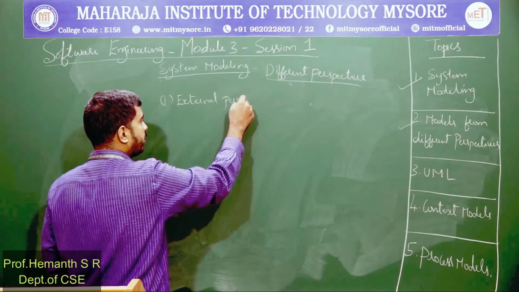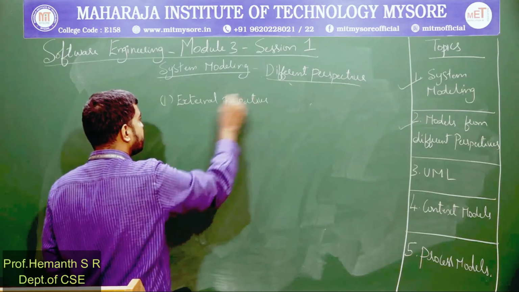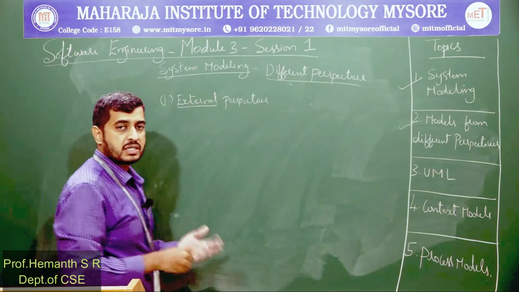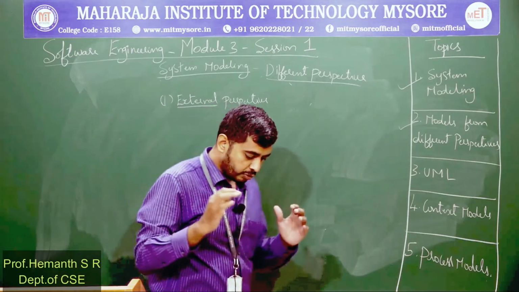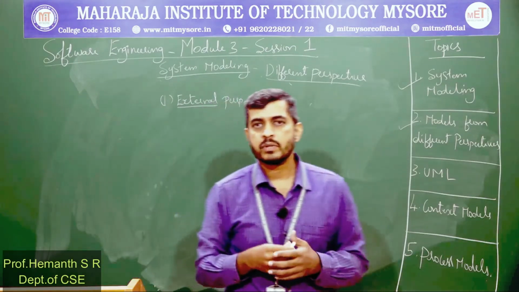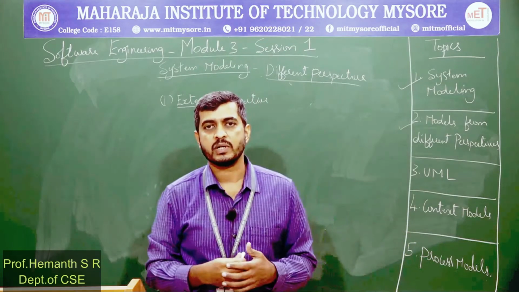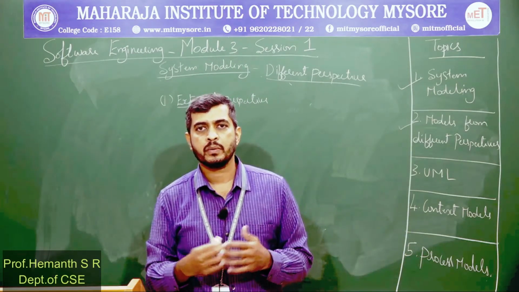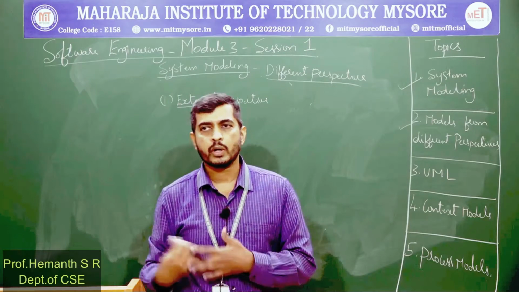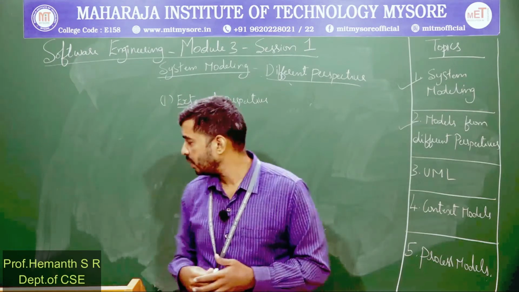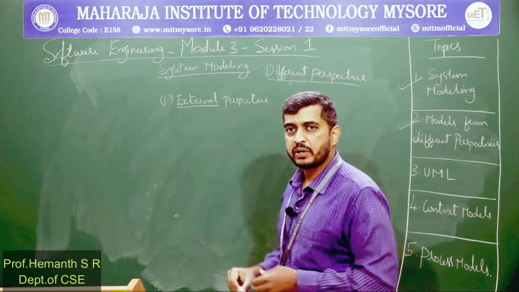What is the external perspective? The name itself is giving some indicator: external. It is the perspective from which you will present your plans about the software that you have designed and are about to develop.